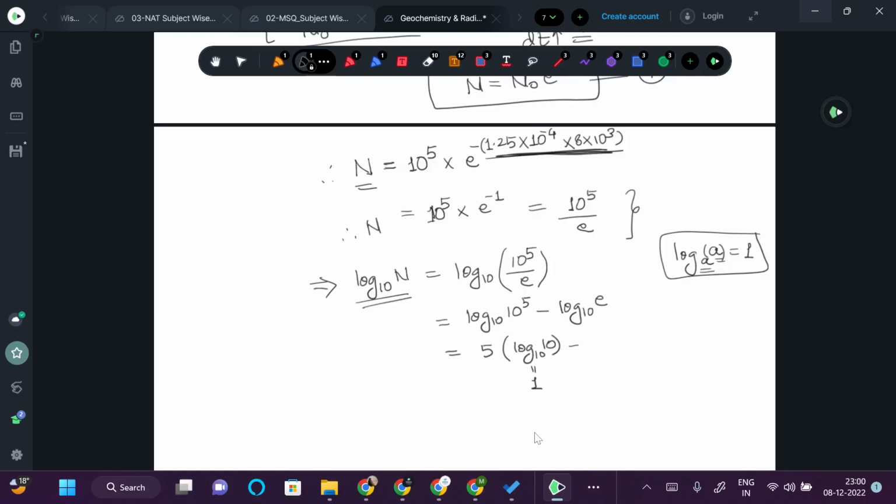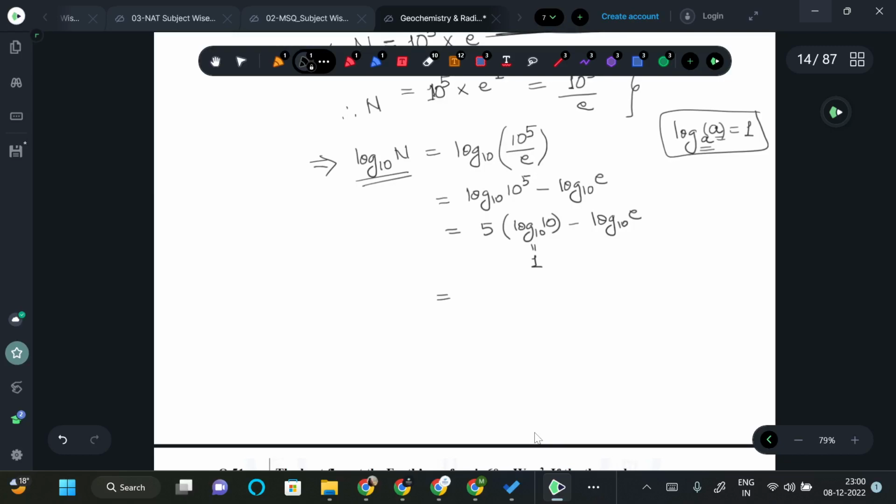Now, what is log base 10 of e? This will be 5 minus log base 10 of e. What will be log base 10 of e? 0.434.